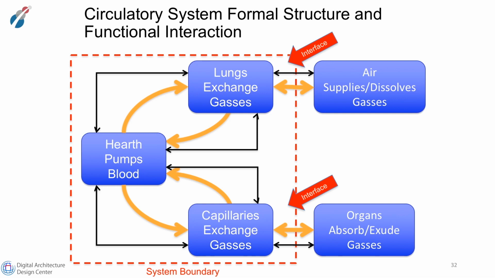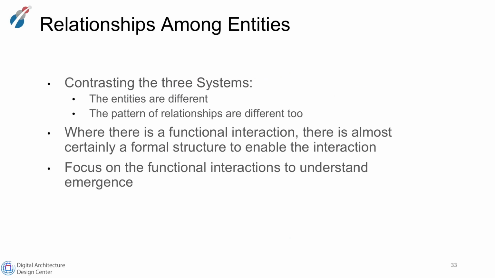And then on the other side, again, inside our body, but outside the boundary of the circulatory system, we have our internal organs and tissues which absorb the oxygen and then exude the carbon dioxide. So that's essentially the third step in systems thinking.